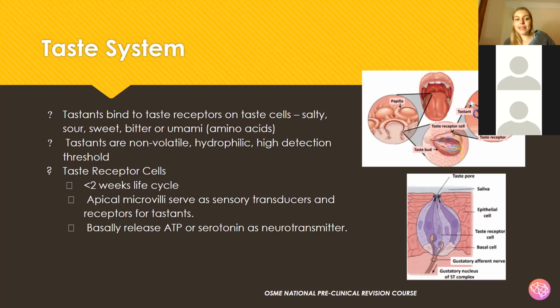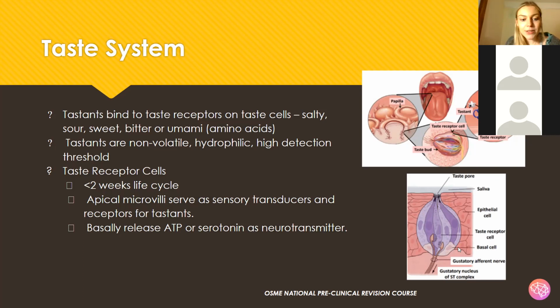And tastants are non-volatile, hydrophilic, high detection threshold molecules. Okay, and then we have the tastants binding to our taste receptors. You can see our taste receptor here with our taste pore, and again, saliva, just like mucus, is really important for dissolving our chemicals. And here's again our taste receptor cell and our basal cell.